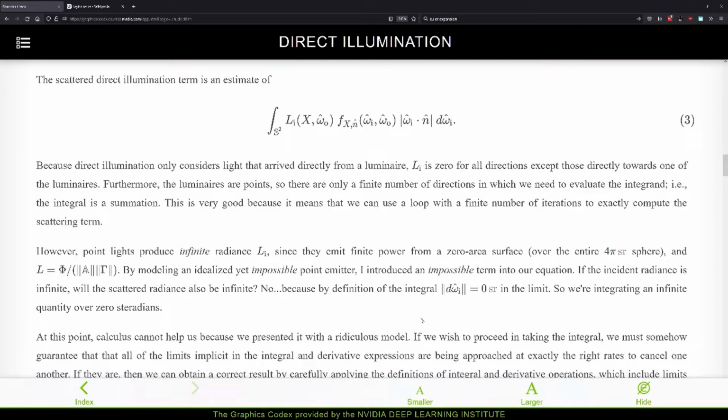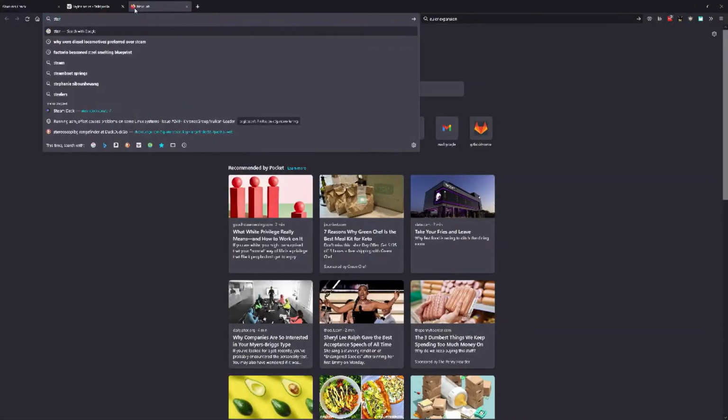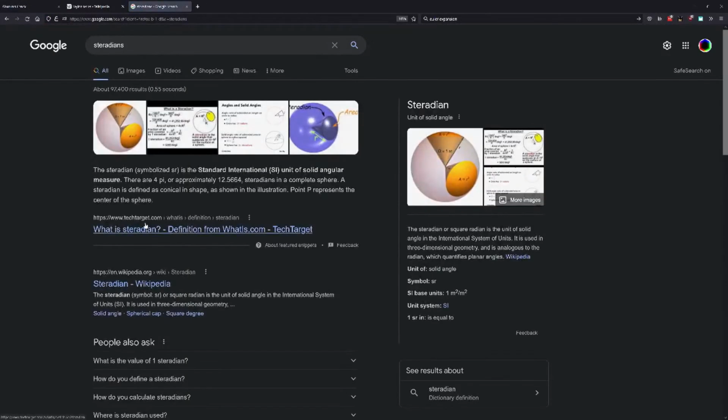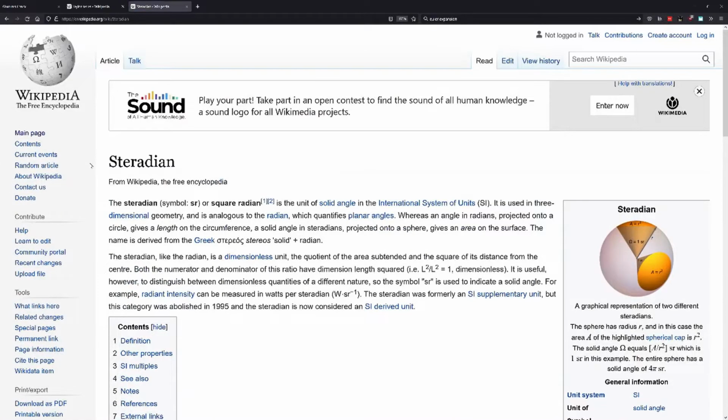Isn't that just an area? Yeah, it is an area. You're sampling an infinitely small area on the surface of the sphere. It's an area on the unit sphere to represent its solid angle. Right. So it's the 3D equivalent of an arc, I think. Yeah, that's what it's supposed to be. Just like an angle, but in 3D.